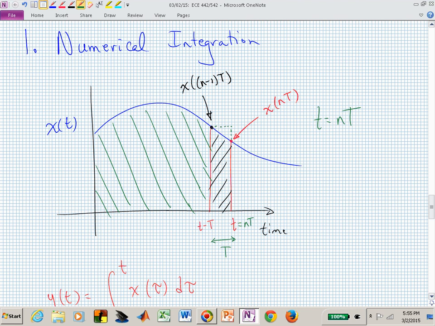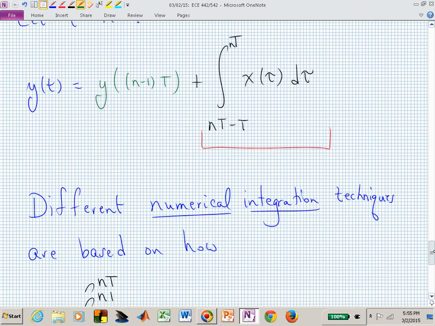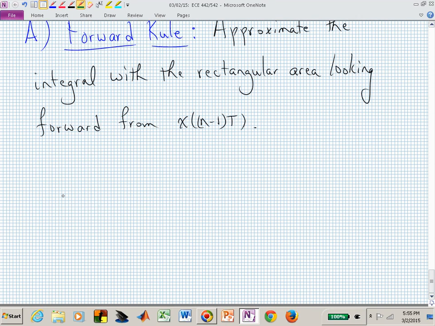It's just the height of that rectangle, which is given to us by x at time n minus 1 capital T, and the width, which is the sample period capital T. If we use that approach, then this integral from nT minus T to nT of x of tau d tau is approximated by the width of that rectangle, which is capital T, and its height, which is x of n minus 1 capital T.